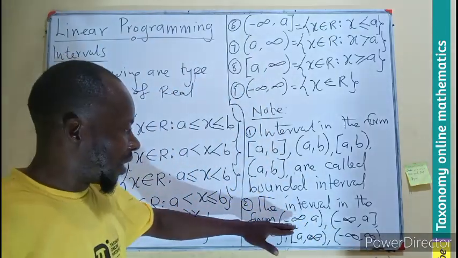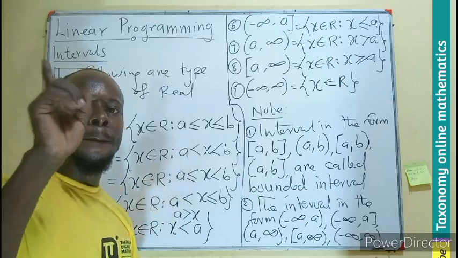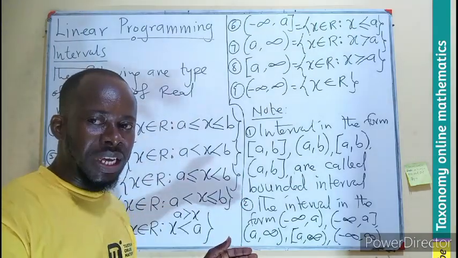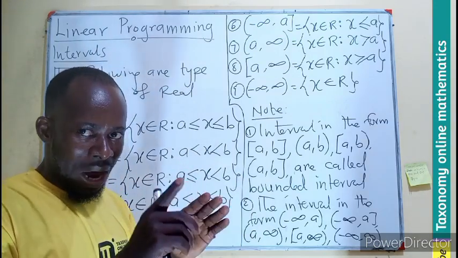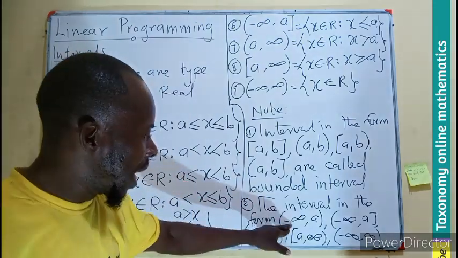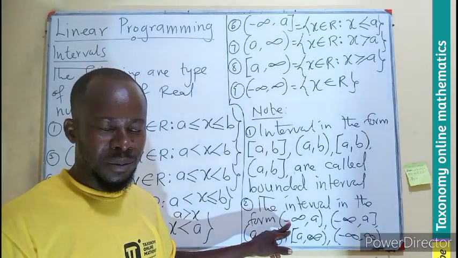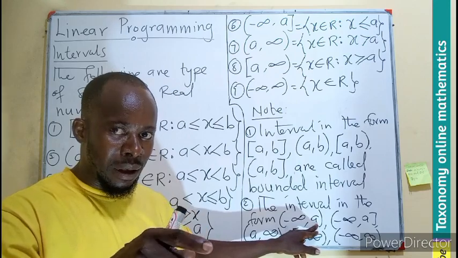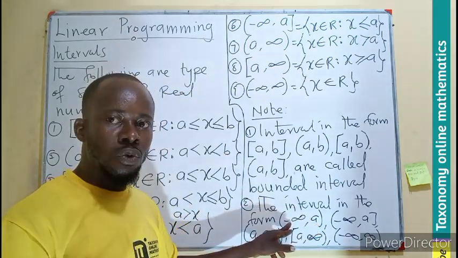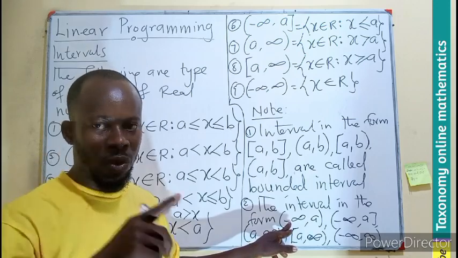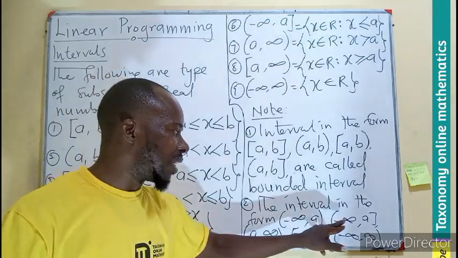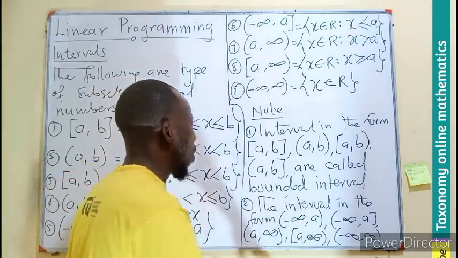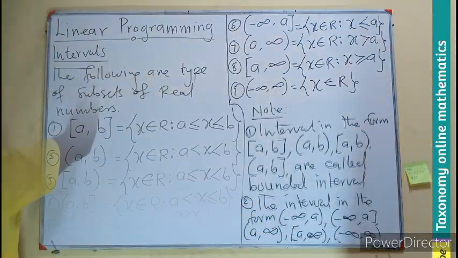These ones are called unbounded. It means at least one of the endpoints is not known. Here, you can't tell the endpoint. You can tell the boundary here, that move towards A, don't get to A. That's the boundary. But here, you can go up to any length. So it is not bounded. So unbounded, here and here. These ones are also called unbounded.